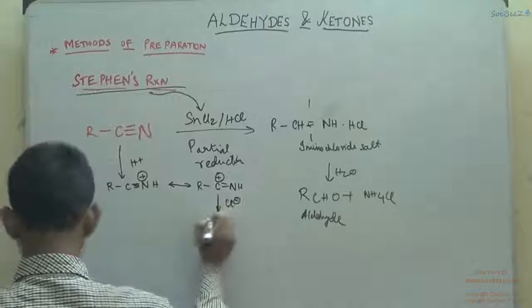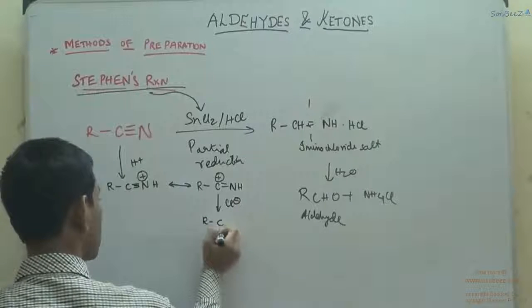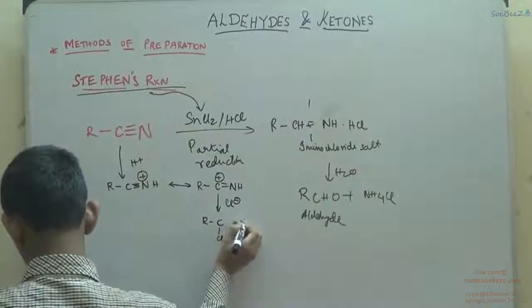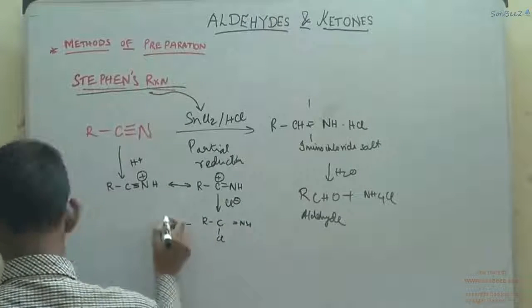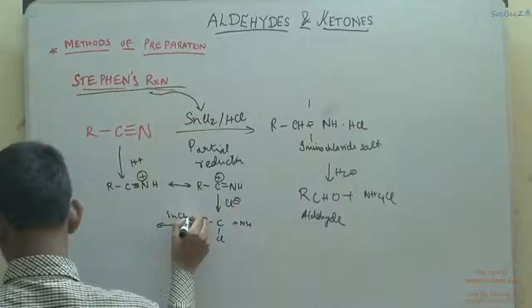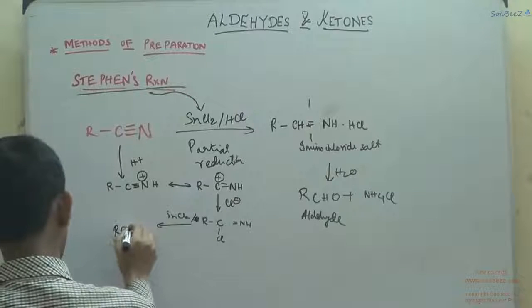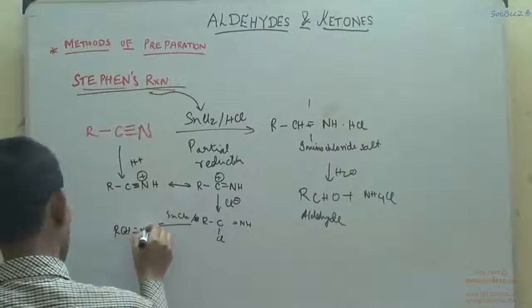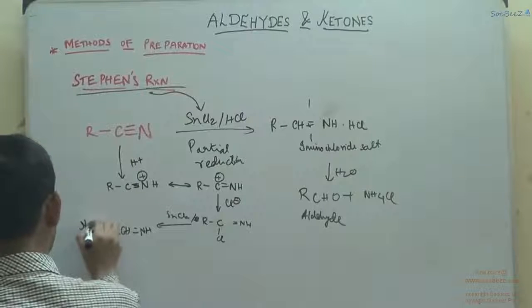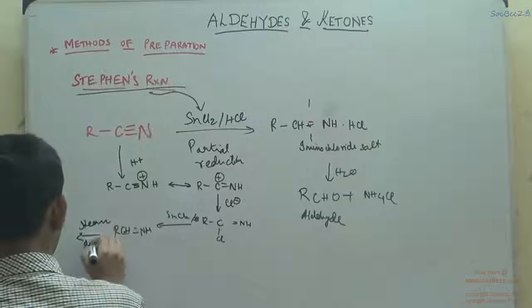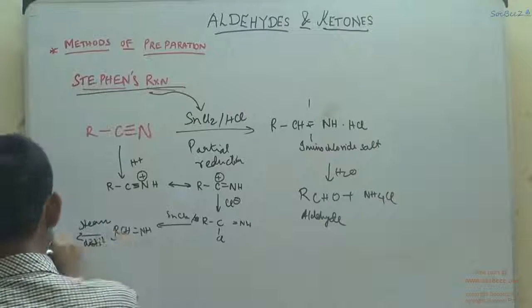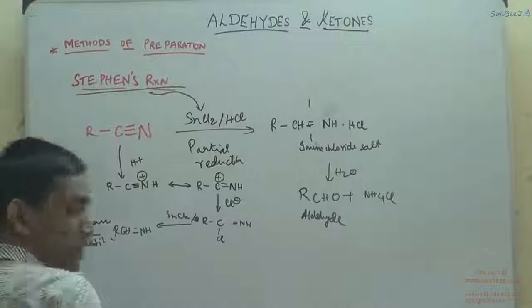You treat it with Cl minus, then you have RCCl=NH, and then if you treat it with SnCl2 followed by HCl, you get RCH double bond NH, and you have to do steam distillation, then you get your aldehyde.